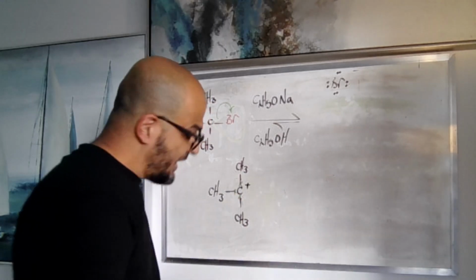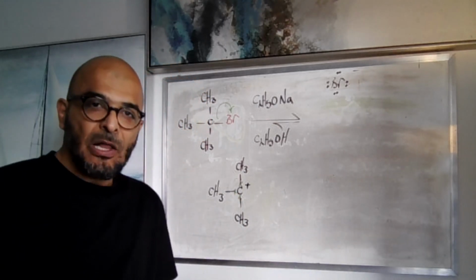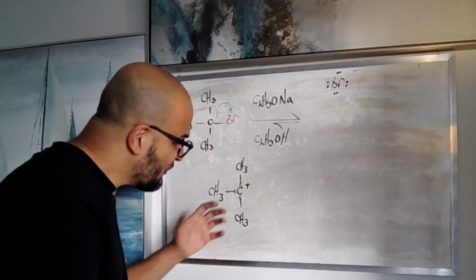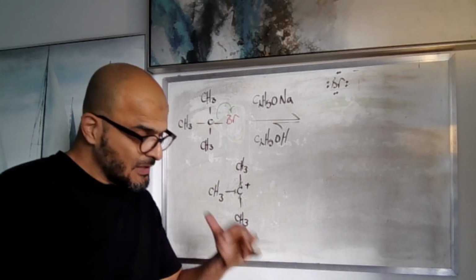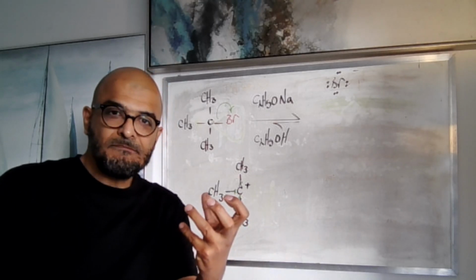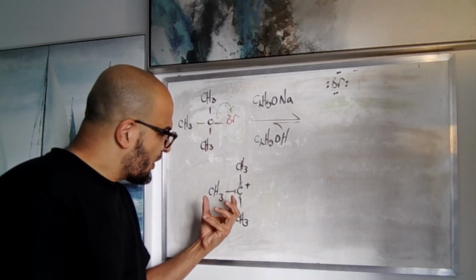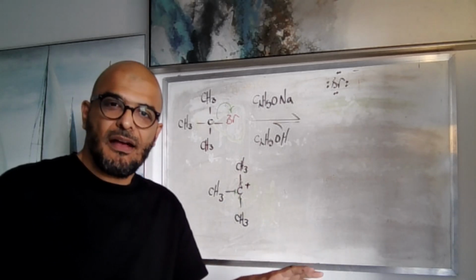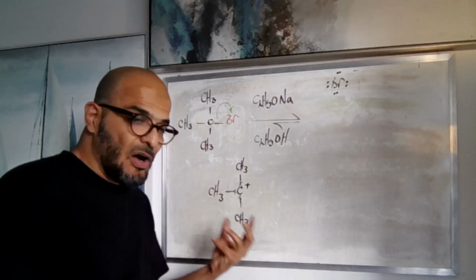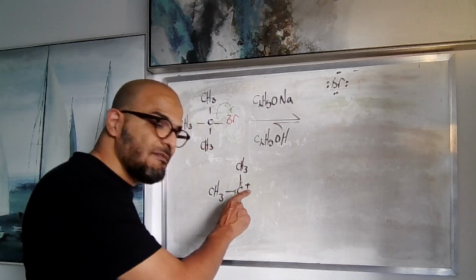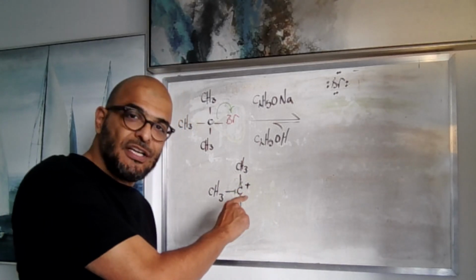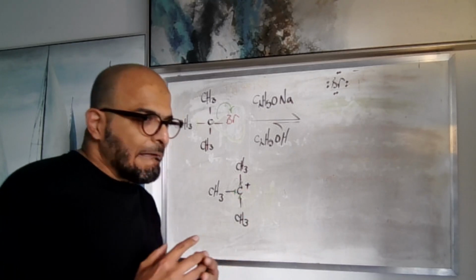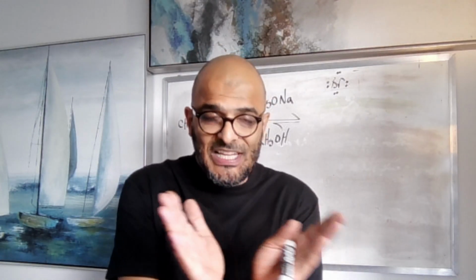In terms of the technical terminology, you can call the carbon which is positively charged a carbocation, or you can call it an electrophile, because this is positively charged, and the positive charge has an inherent propensity, due to the electrostatic forces, to be attracted to the negative charge.